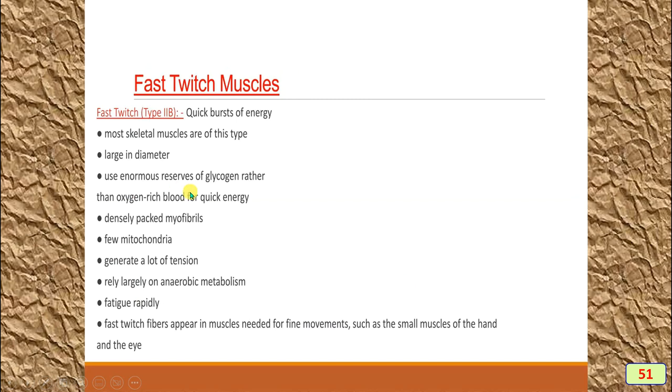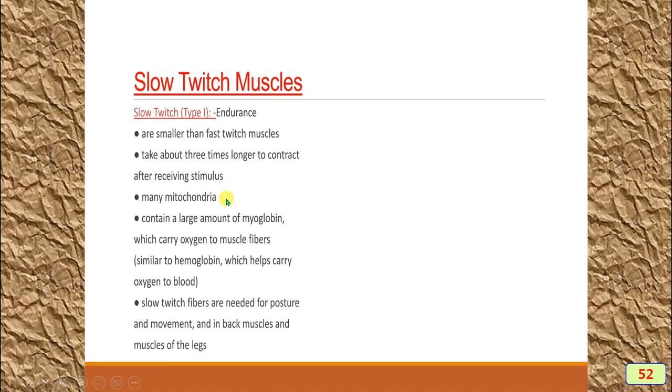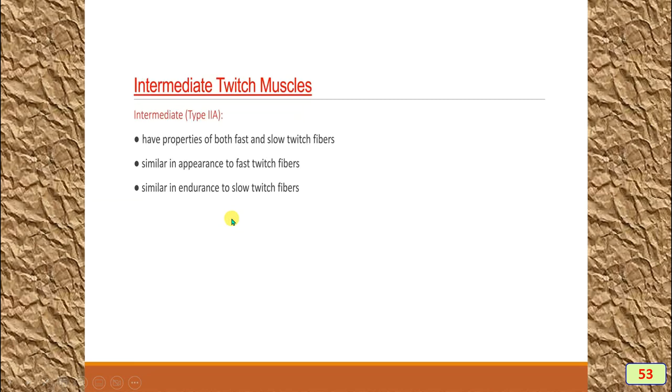Then the fast twitch response of the muscle takes place by several cascades of events, and the opposite to this is slow twitch muscles. So slow twitch type 1 are endurance fibers and are smaller than fast twitch muscles. The intermediate twitch muscles are between slow and fast.